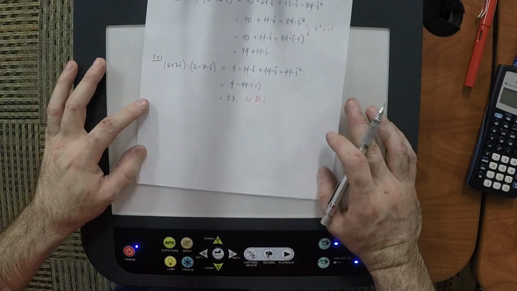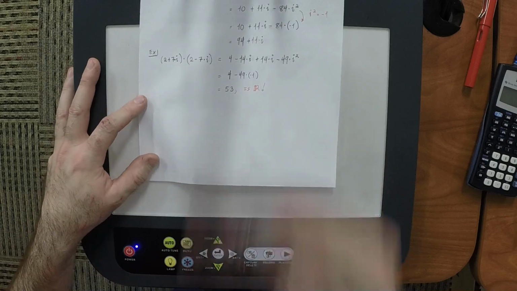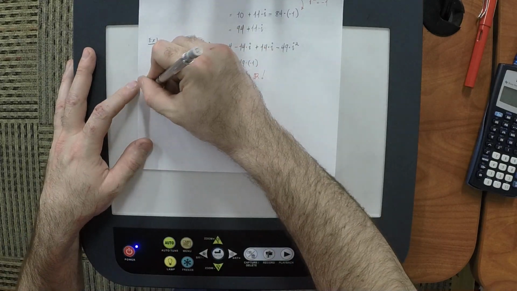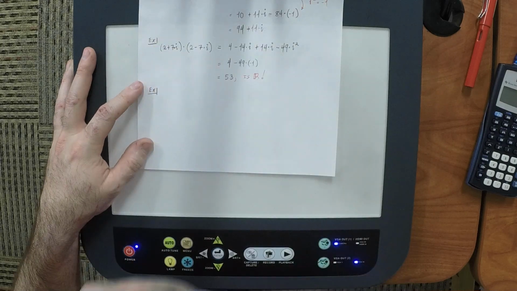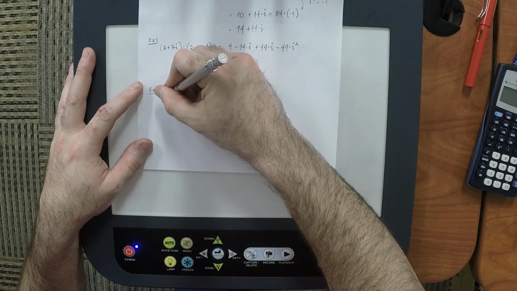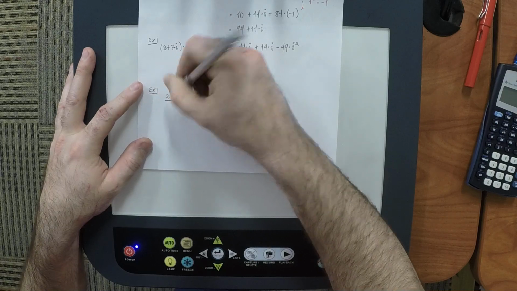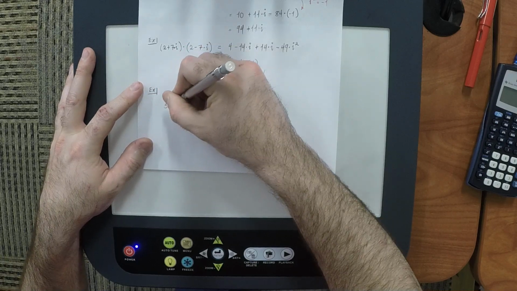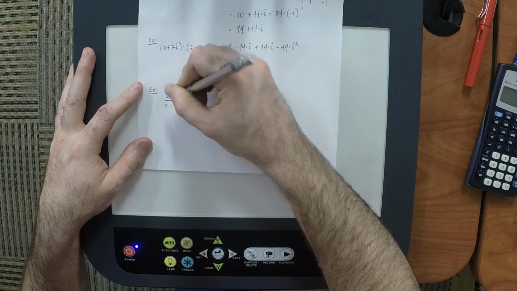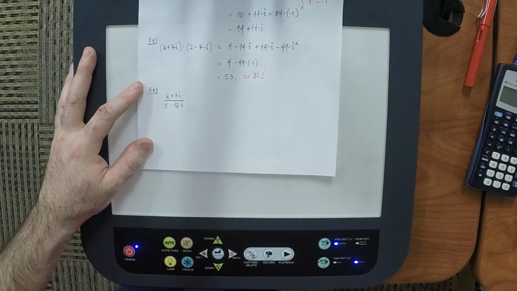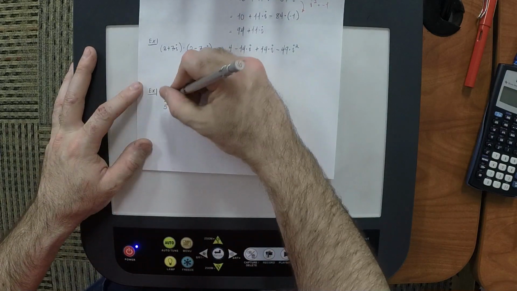Okay, so now we have enough time to start the next thing. What if we wanted to do 2 plus 7i divided by 5 minus 12i? Now we want to divide two complex numbers.